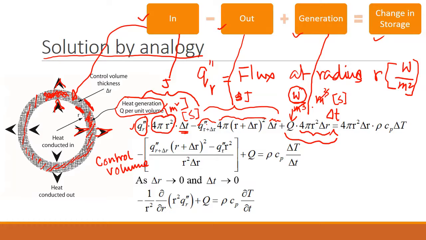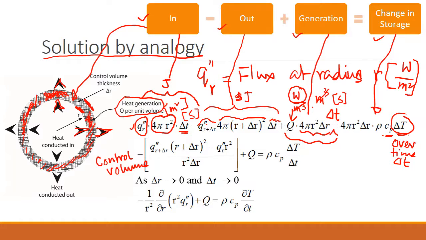Let's say the change in temperature over time delta t is delta capital T. So the mass of this shell, volume times density, times specific heat, times delta T, is the change in storage.